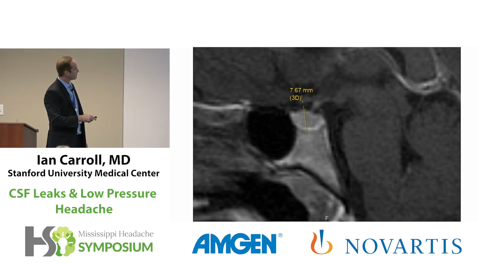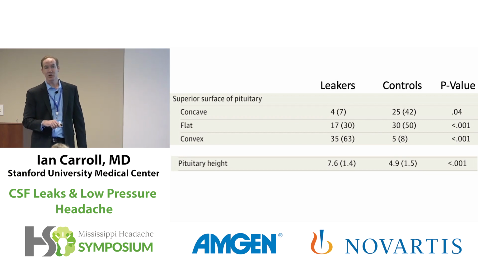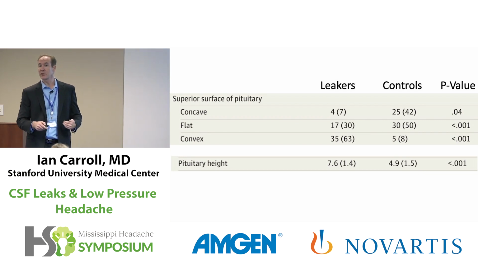So, also notice that while her pituitary is not greater than 10 millimeters, it's only 7.67 millimeters. In that paper, what they found was among the leakers, the average pituitary height was 7.6. Among the controls, it was only 4.9. And in fact, there's 2 other papers that talk about pituitary enlargement being predictive of CSF leaks.